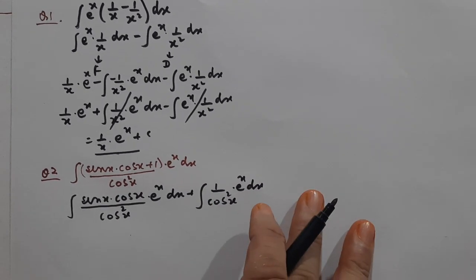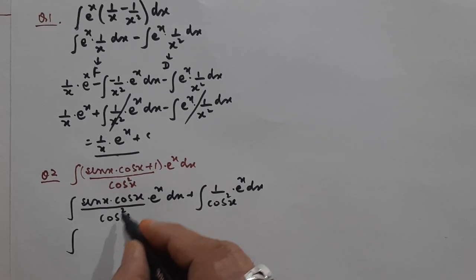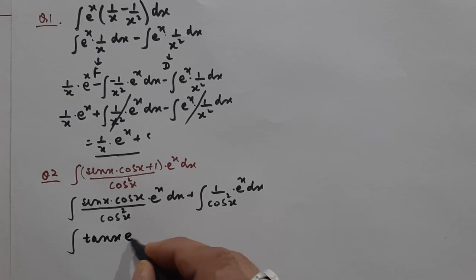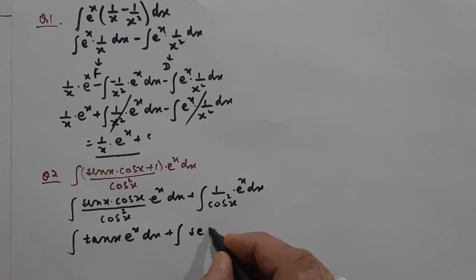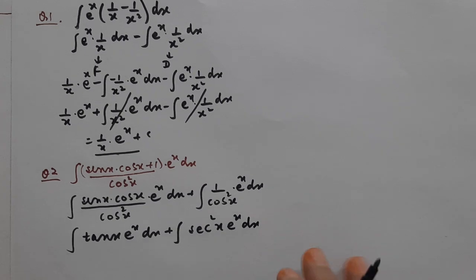So what we get students, on cancelling 1 cos x with 1 cos x, we get tangent x into e power x dx plus secant square x into e power x dx, like this.